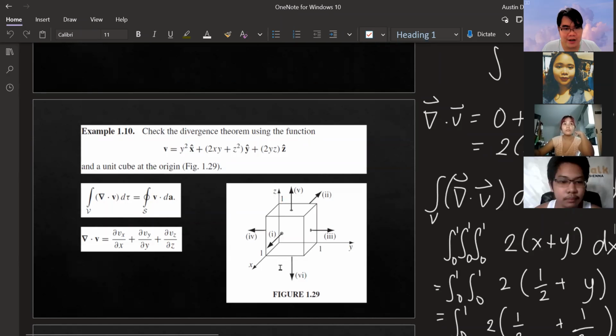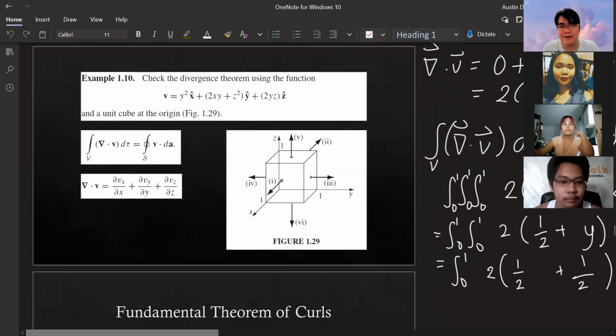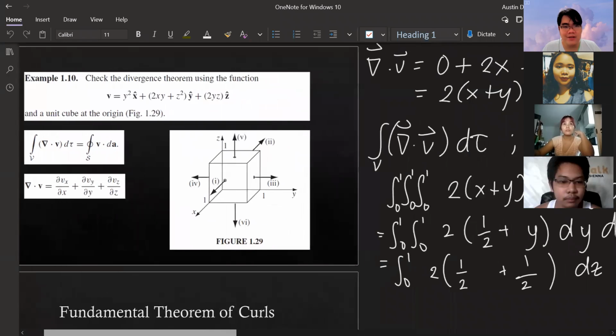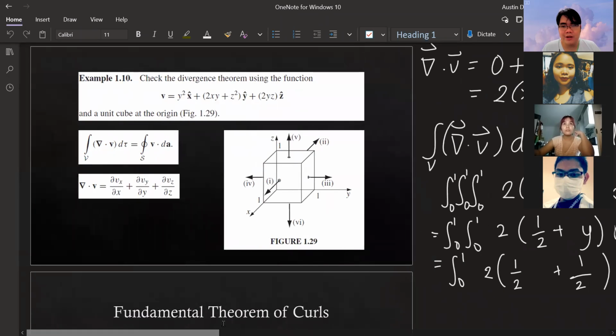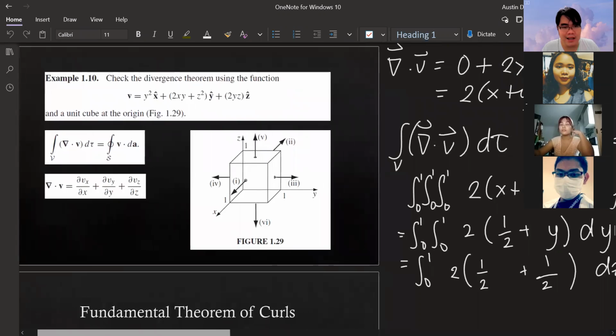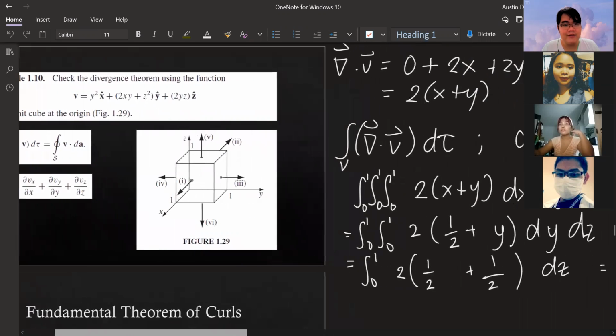Kung sphere naman to, ganun din, nakatutok din outward. So, mahirap lang pag planar, no? Kailangan defined yung area mo, yung area vector mo. Kasi pag planar, di ba, plane lang siya. So, pwede siyang pataas o di kaya pababa. So, you have to be careful with that. Minsan, nilalagay naman yun sa questions usually, sa given.